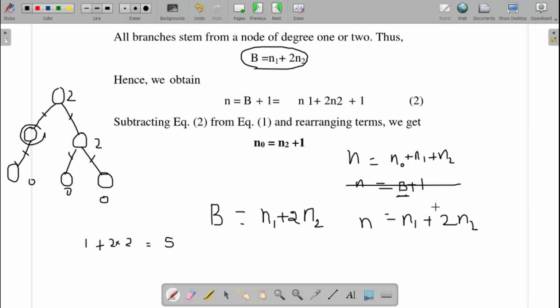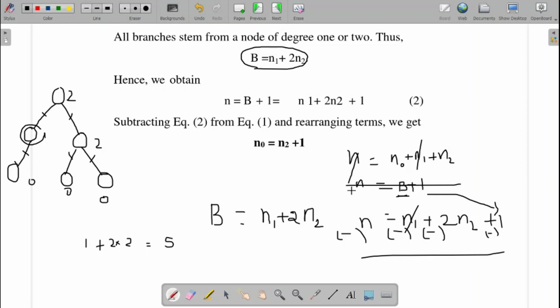Now if I do the subtraction here, n1 gets cancelled, n gets cancelled. So this is 0 equal to n0 minus 2n2 plus n2, that is minus n2, then minus 1. Then if I equate this, it will become n0 equal to n2 plus 1.